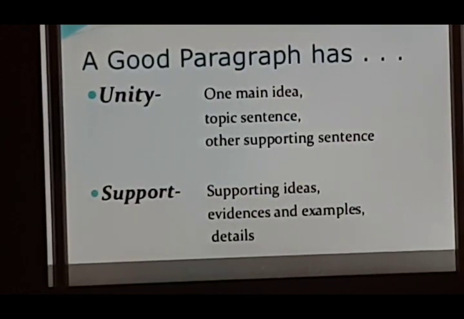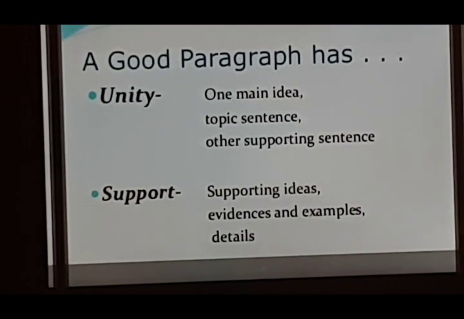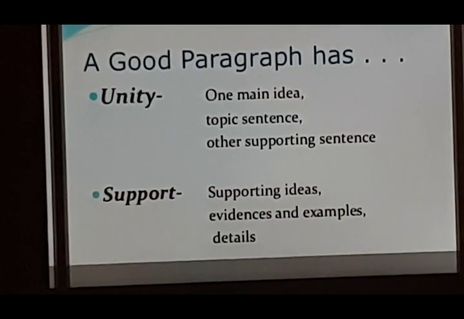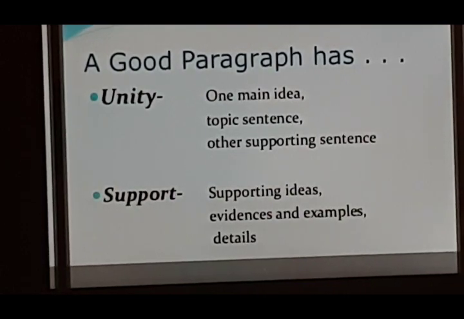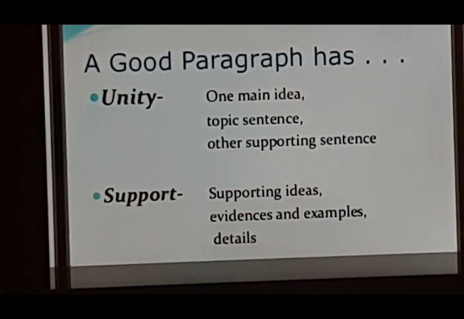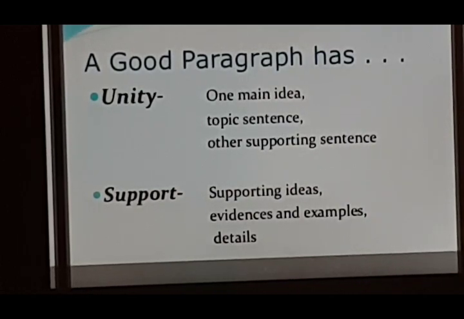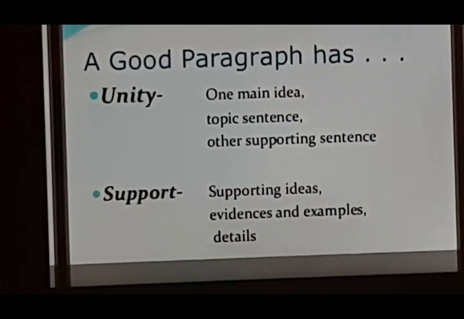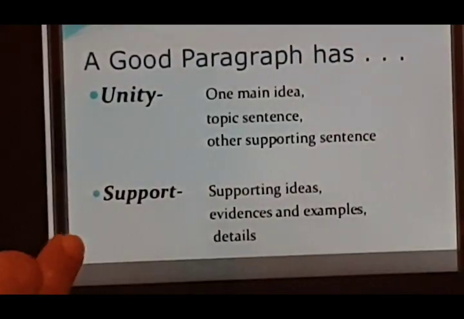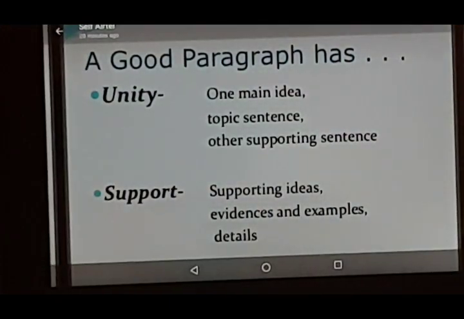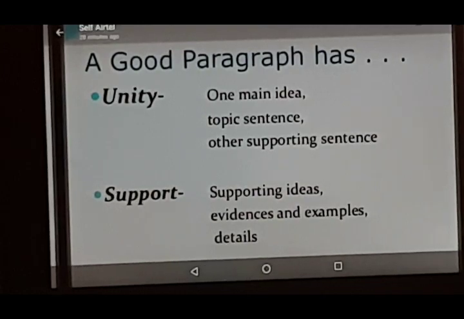So the supporting sentences, the middle portion of the paragraph, contain supporting ideas, evidences and examples, details. Like we are going to write about one particular topic. We won't write about one subject and then divert to another. No, it's not like that.